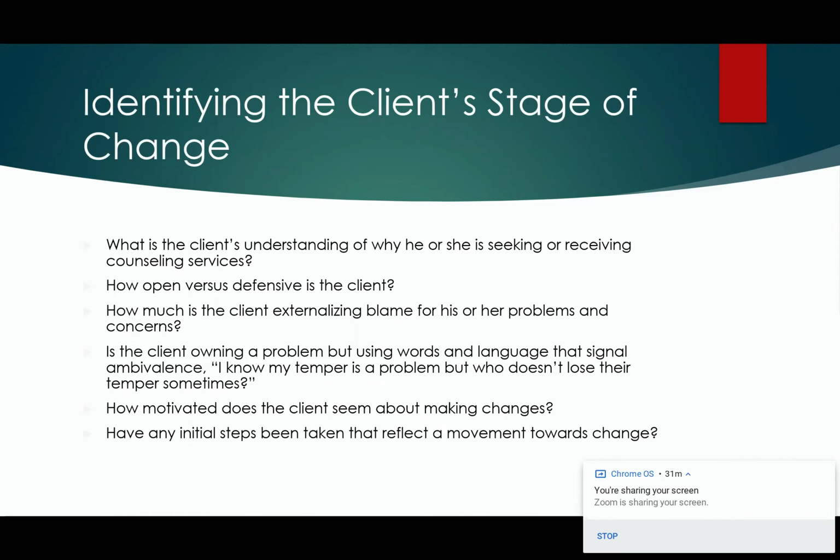We also want to know how much blame is being put on other folks. And then we want to know how motivated is the client about making change? What are they willing to do? Have they tried to make this change in the past? How has that worked out? What were the barriers? And the idea is this will help us plan the treatment process for them.